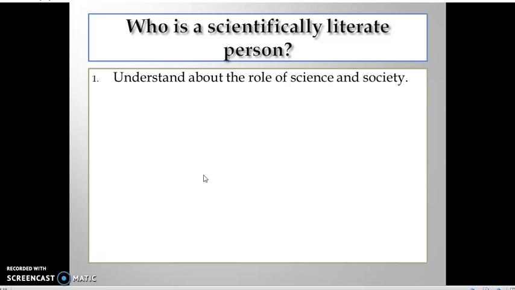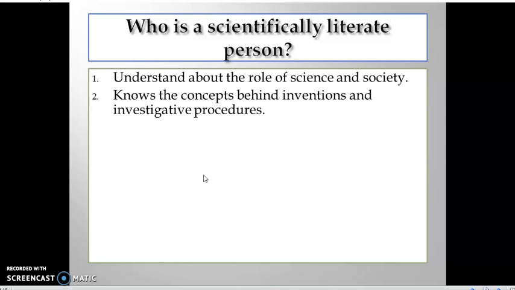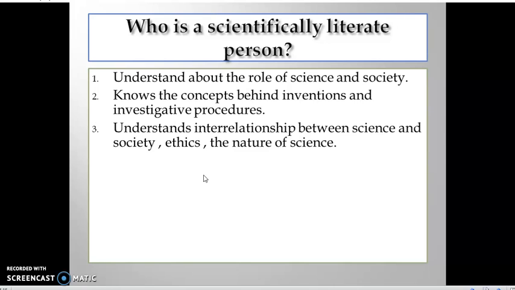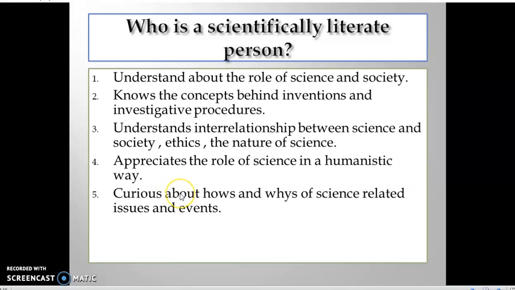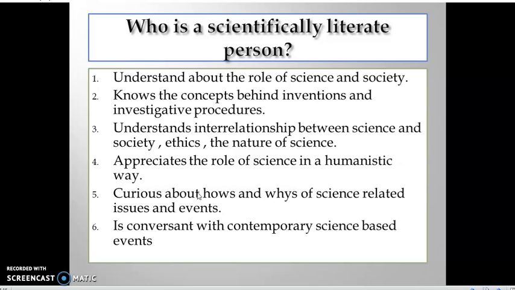A person who understands the role of science and society, who knows how science and society are linked and interdependent, who knows the concepts behind inventions and investigative procedures, who can understand the procedure, who understands the interrelationship between science, society, ethics, and the nature of science, who appreciates the role of science in the humanistic way, who is curious about the hows and whys of science-related issues and events, who is conversant with contemporary science-based events.